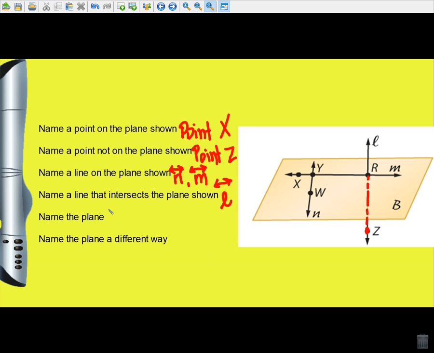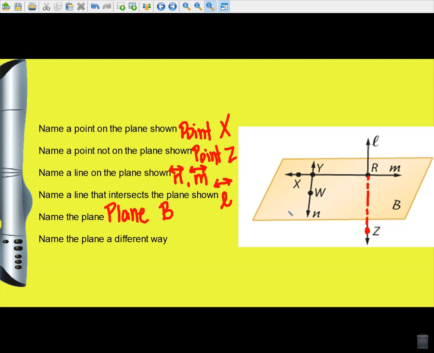Naming the plane. A couple different ways to do this. Could have said plane B with this right here, that big capital letter in the corner of the plane. That would be fine. Another way to name the plane is by saying 3 of the points that are on the plane. So could have said W, X, and Y. Could have said R, Y, W. Really anything that includes X, W, Y, or R, as long as you have 3 of them there, that's perfect.